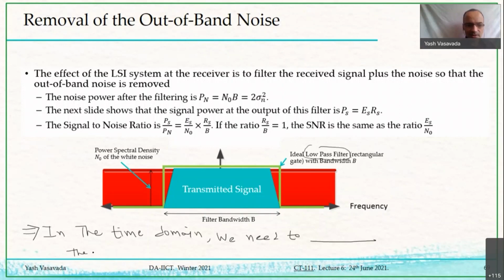The received noisy signal, R of t, and the inverse Fourier transform of the rectangular pulse.